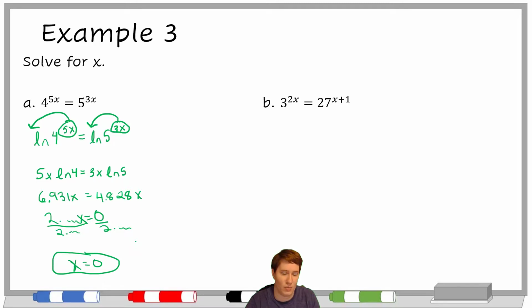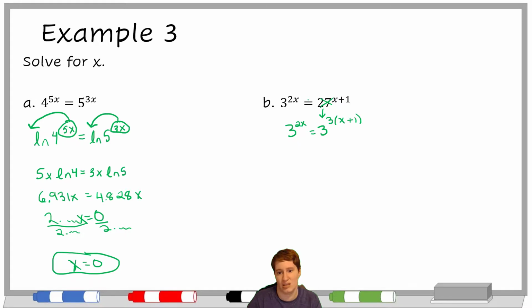Wait, 27 is a power of 3, so we can use this other method. 27 is 3 to the 3rd power. So we can replace this 27 with 3 to the 3rd power. Since it already had an exponent, that's going to put the x plus 1 next to the 3.